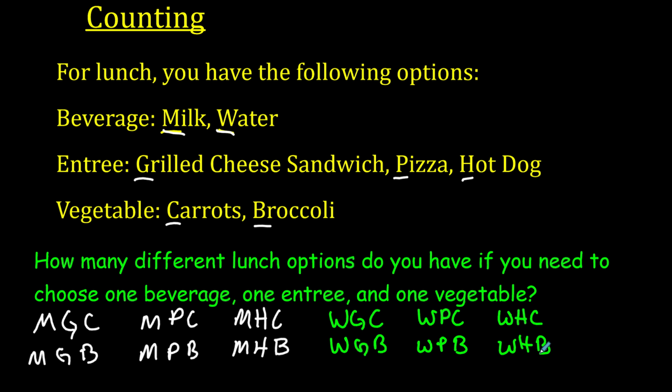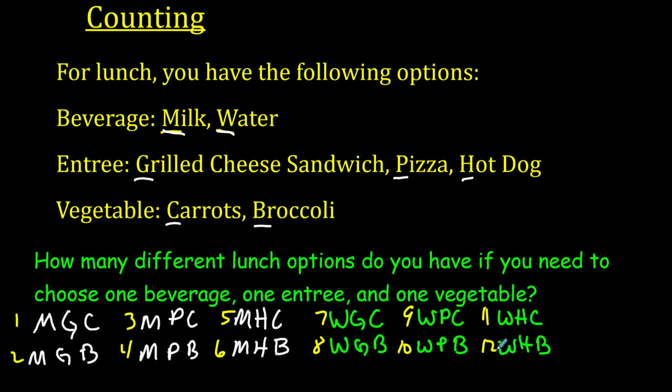Okay. So what we came up with is there are, let's see, 1, 2, 3, 4, 5, 6, 7, 8, 9, 10, 11, 12 different ways that we can choose a lunch from these options.